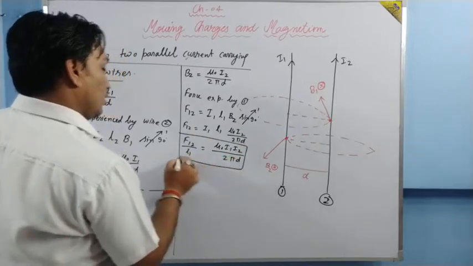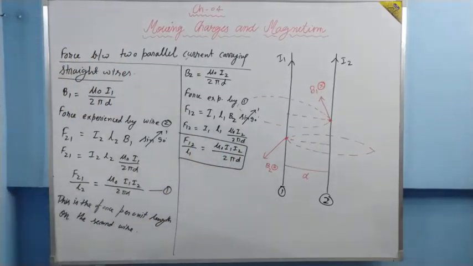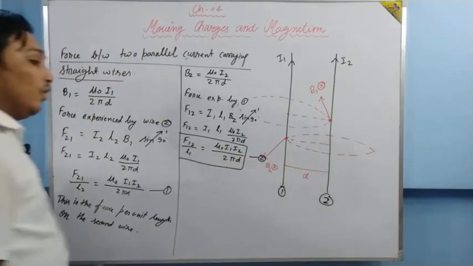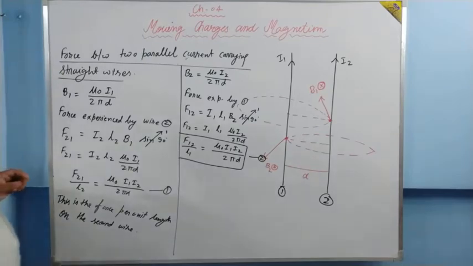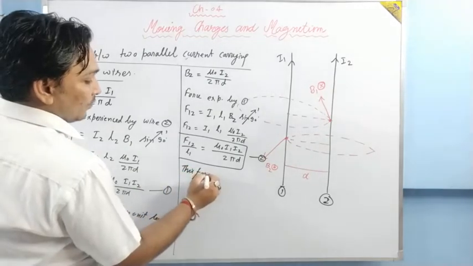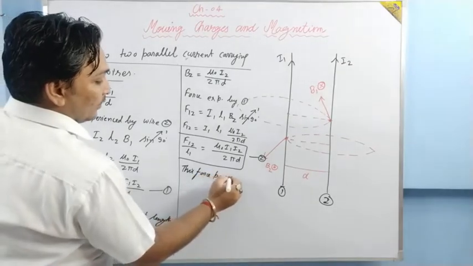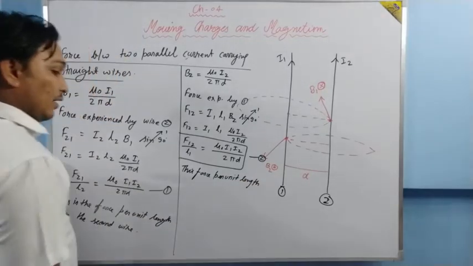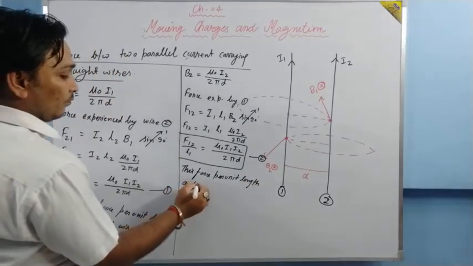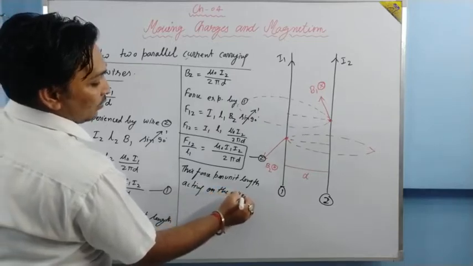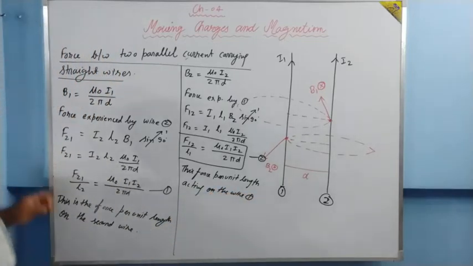So this is the force acting per unit length of the wire 1. Okay, this is force per unit length acting on the wire 1.